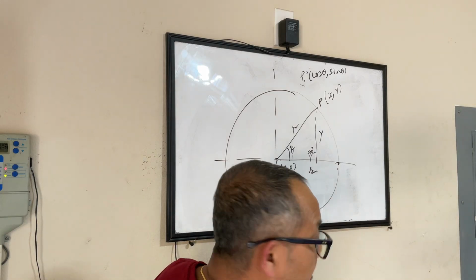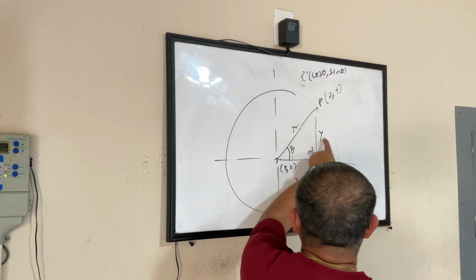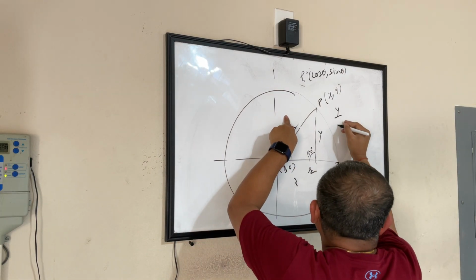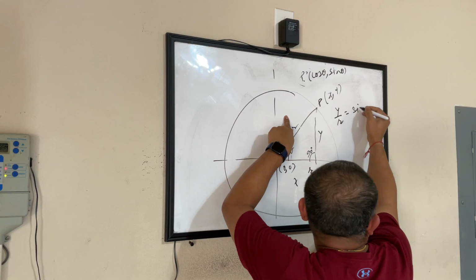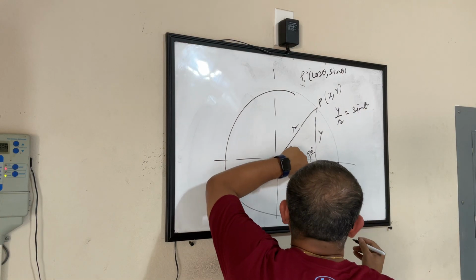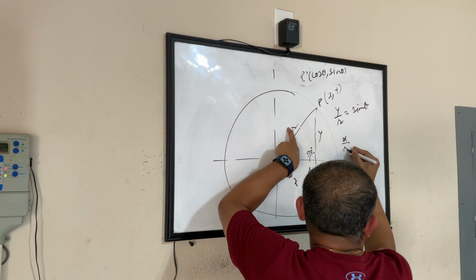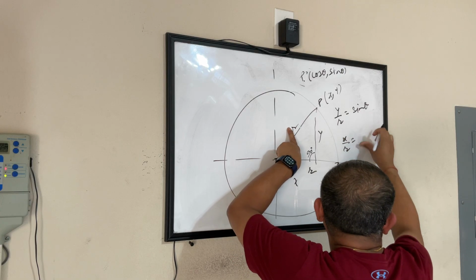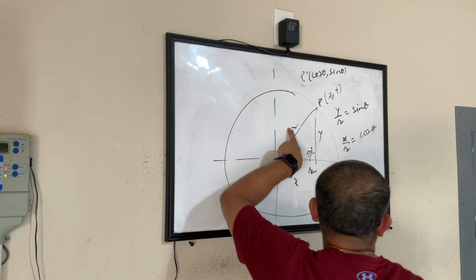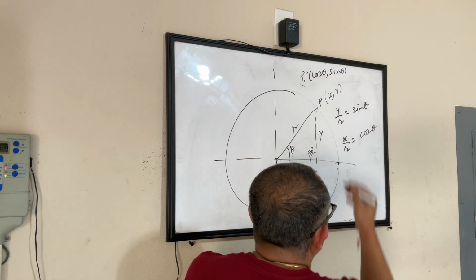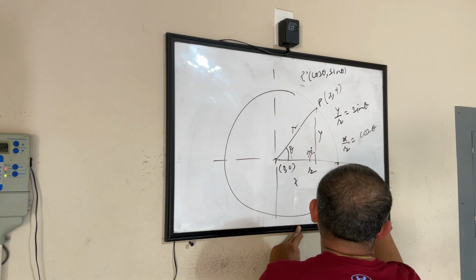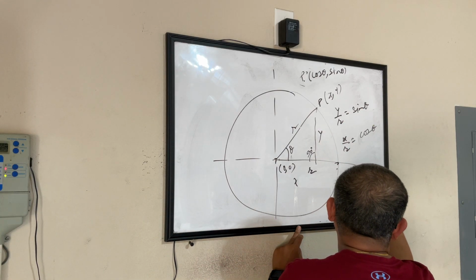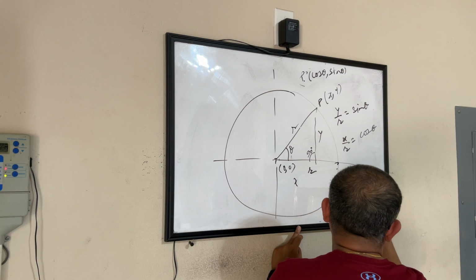Here what will happen? Y divided by r will be equal to sin theta. X divided by r will be equal to cos theta. So your y value is equal to r sin theta. X value is equal to r cos theta.